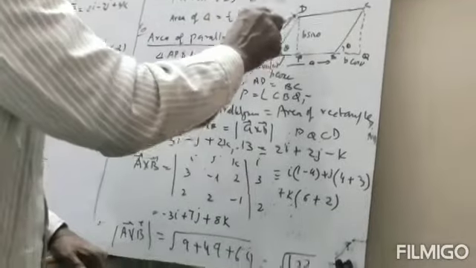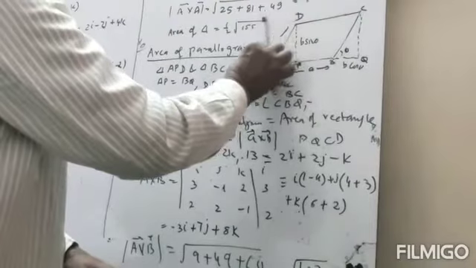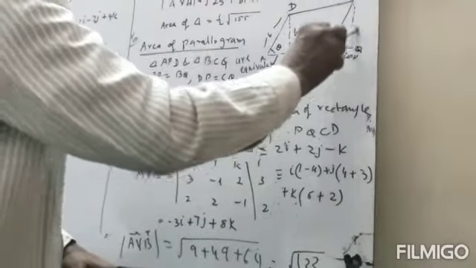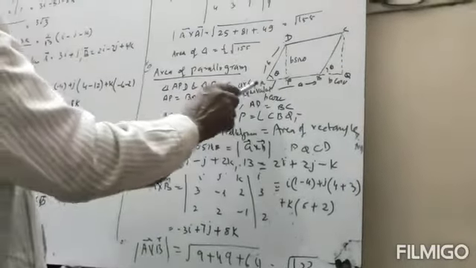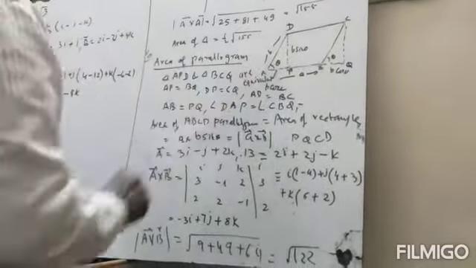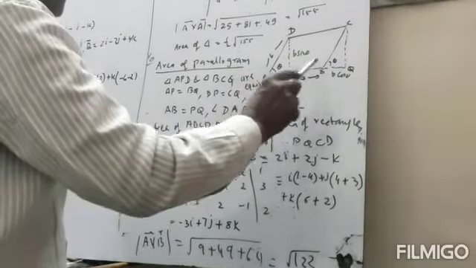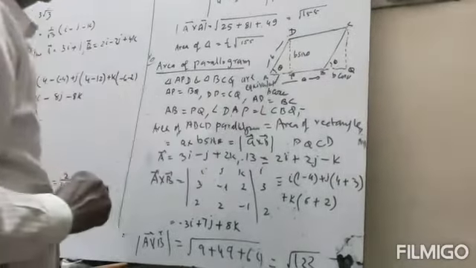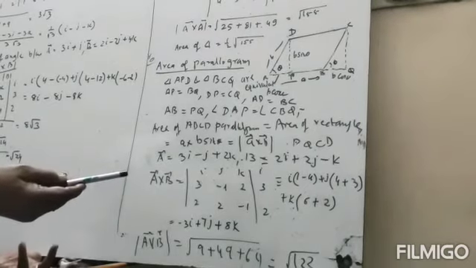So in the parallelogram, if we subtract this area and we join it here, then it will become a rectangle. So the area of parallelogram ABCD will be equal to the area of rectangle APQCD. Now the area of this will be equal to length multiplied by breadth.